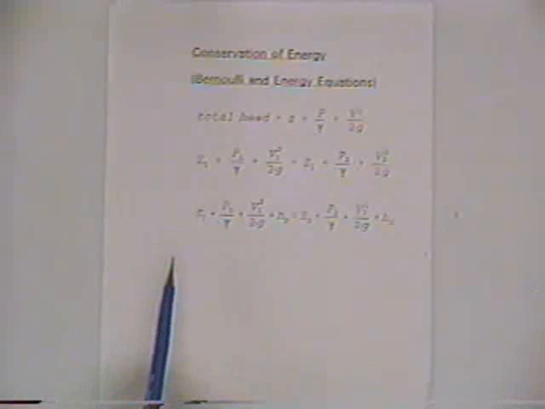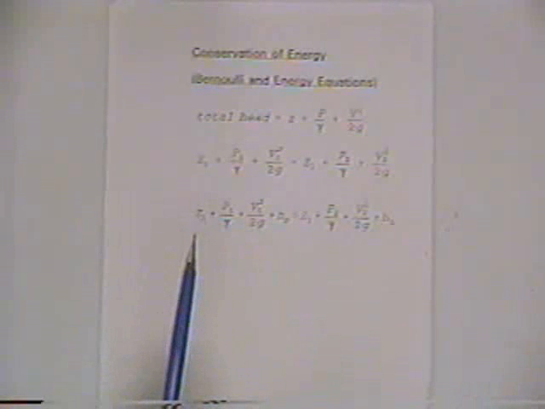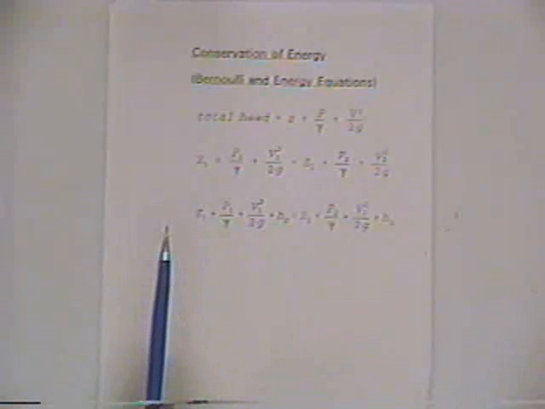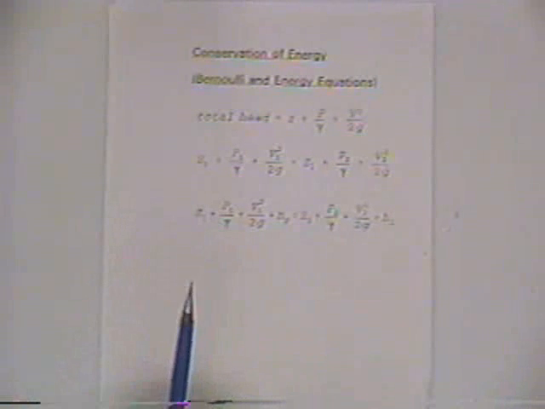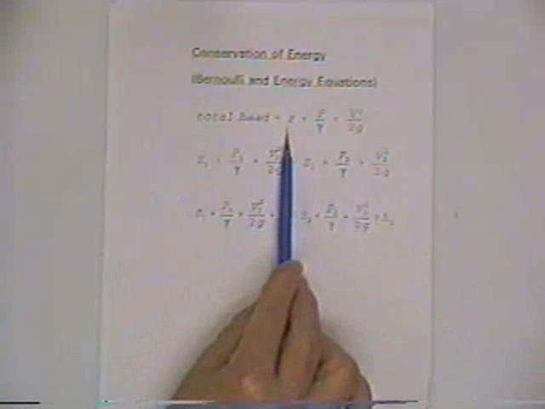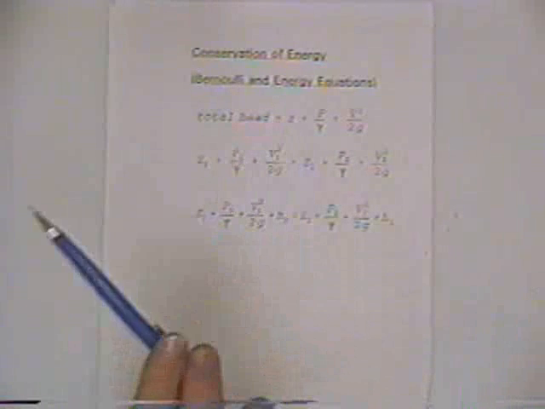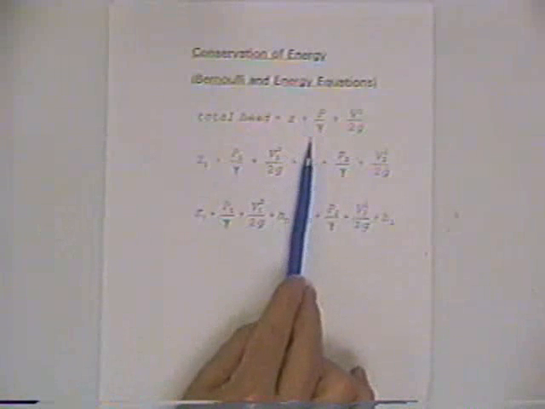Or in the English system, energy in foot-pounds per pound of flowing fluid gives you feet. And so the actual head comes out in units of meters or feet, and that's why we talk in terms of energy head.